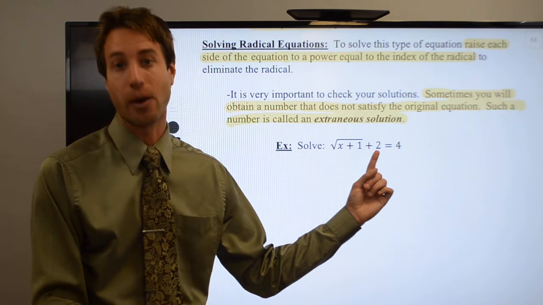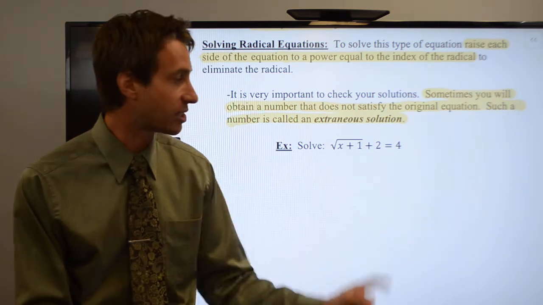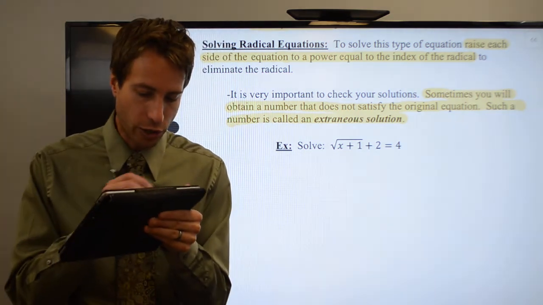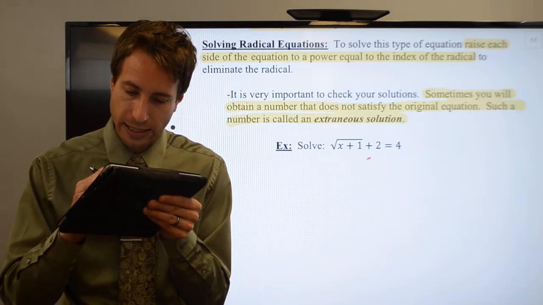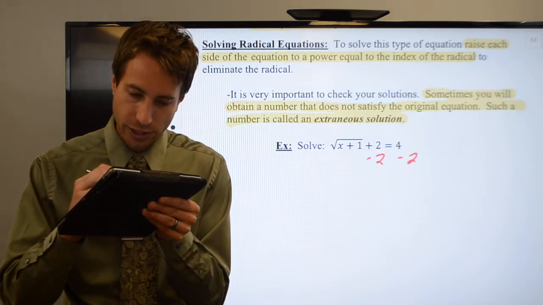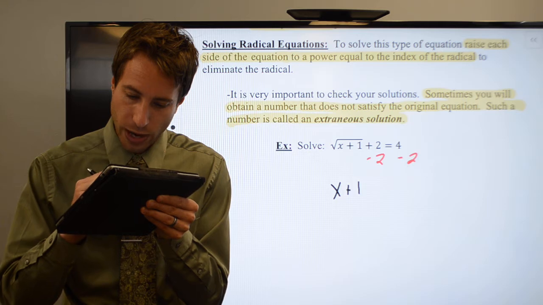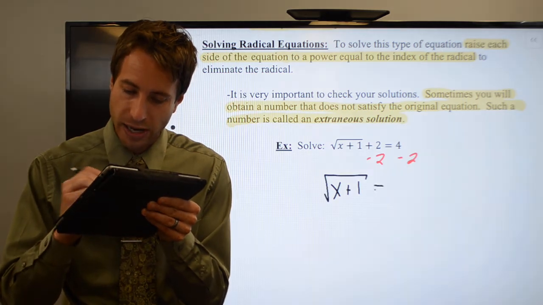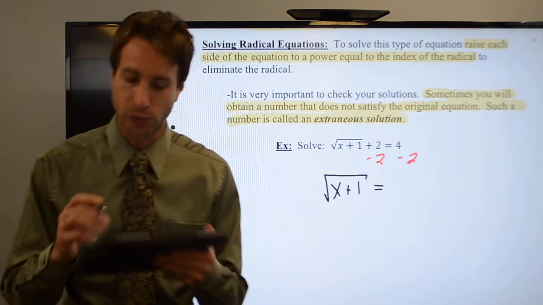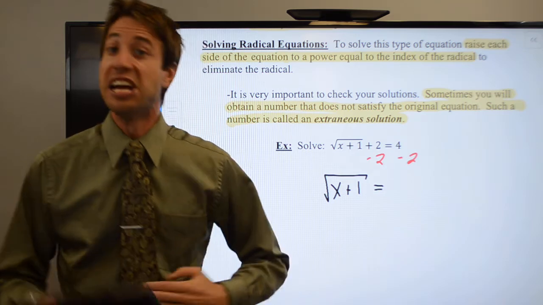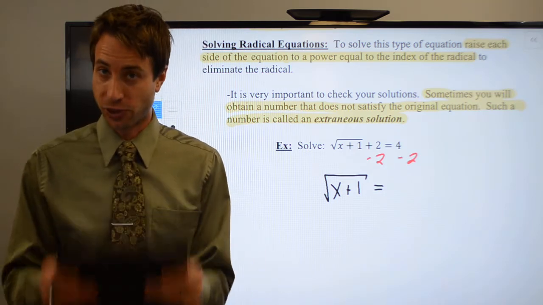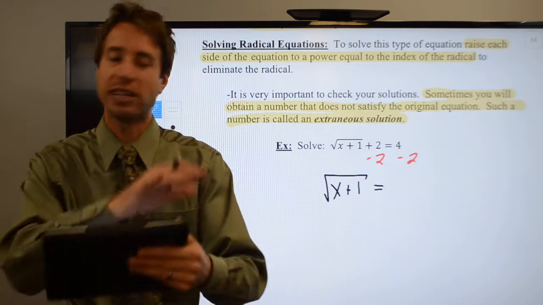In this case, that would be the 2. Since it's a plus 2, we're going to start by subtracting 2. So minus 2 gives me the square root of x plus 1 is equal to 4 minus 2, which is 2.